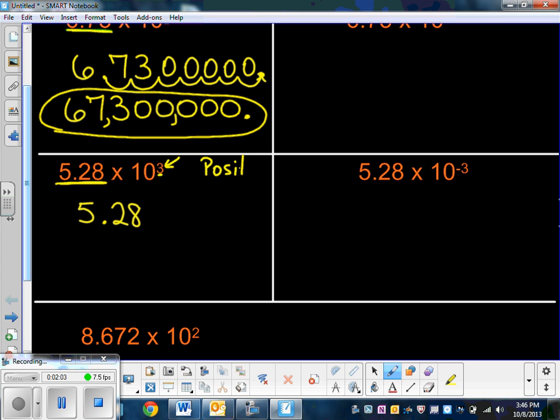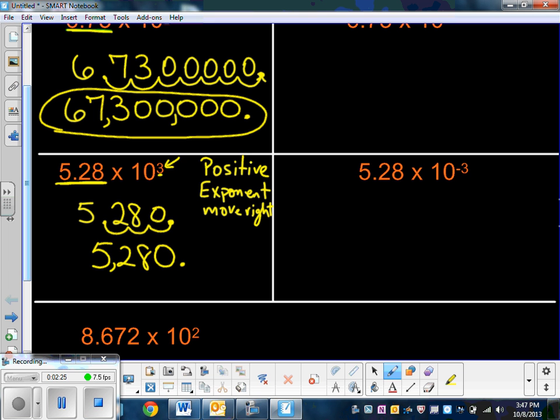If it's a positive exponent, we know to move to the right. And we're going to do so 3 times. 1, 2, 3. Rewrite your answer with the decimal in its new location and your comma in the right place. Circle your answer to complete the task.